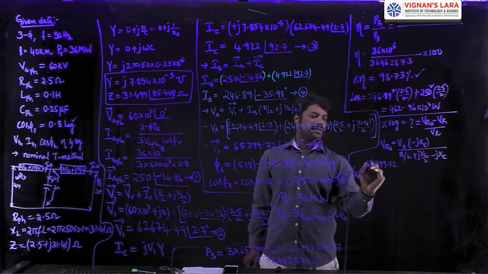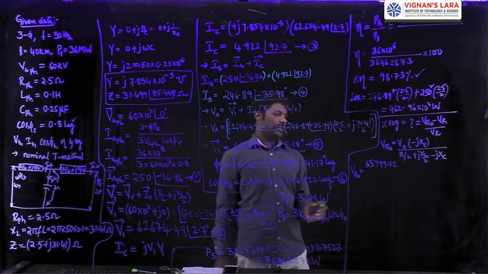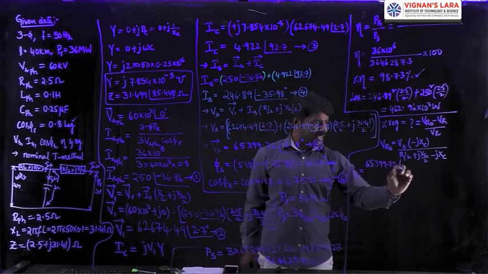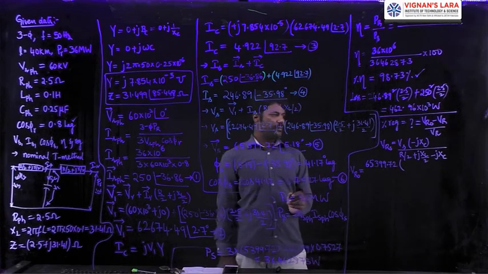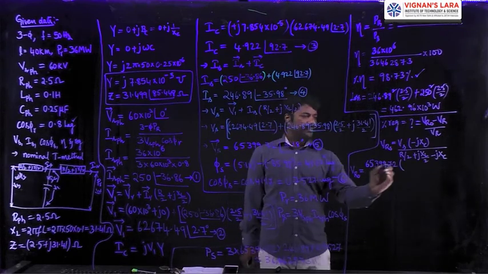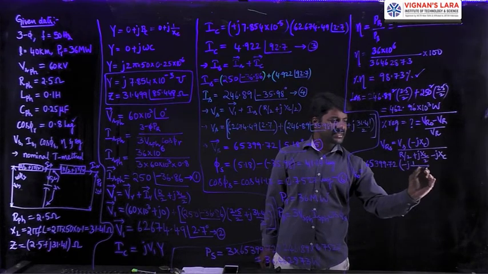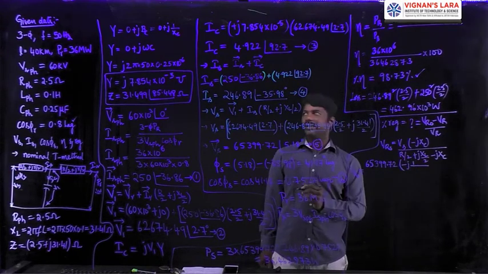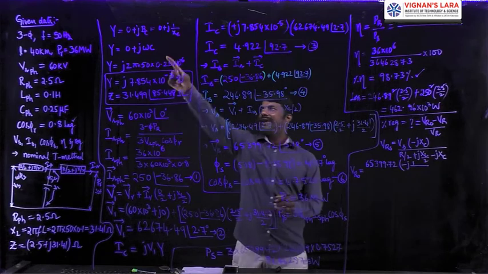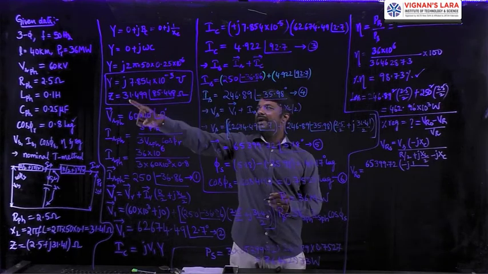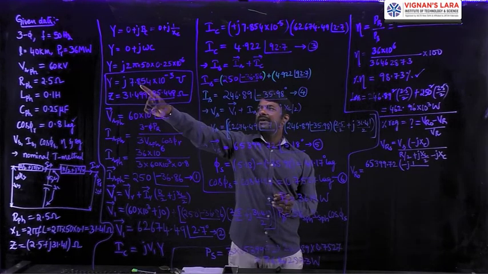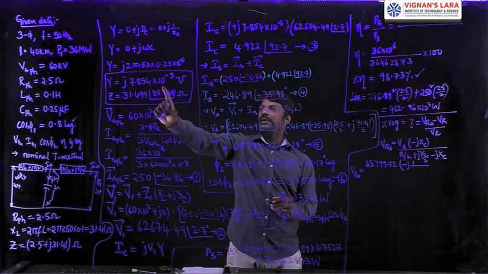This much voltage is to be multiplied, listen carefully, with minus j XC. What is XC? XC is 1 by omega C. What is the omega C value? Omega C is equal to 7.854 into 10 power minus 5.